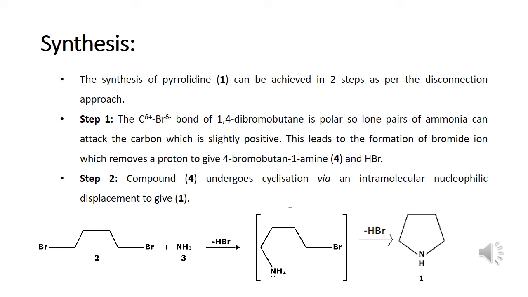This leads to the formation of a bromide ion, which removes a proton to give 4-bromobutan-1-amine, structure 4, and HBr. In step 2, compound 4, that is 4-bromobutan-1-amine, undergoes cyclization via an intramolecular nucleophilic displacement to give our target molecule, pyrrolidine, structure 1.